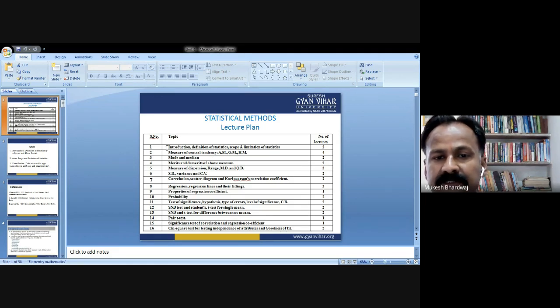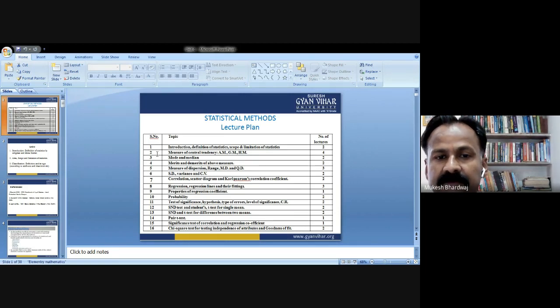So in the very first topic, we are going to cover the introduction, that is definition of statistics. What is the use of statistics? What is the need of statistics? Limitation of statistics, advantage and disadvantage of statistics, and their scopes and limitations also.